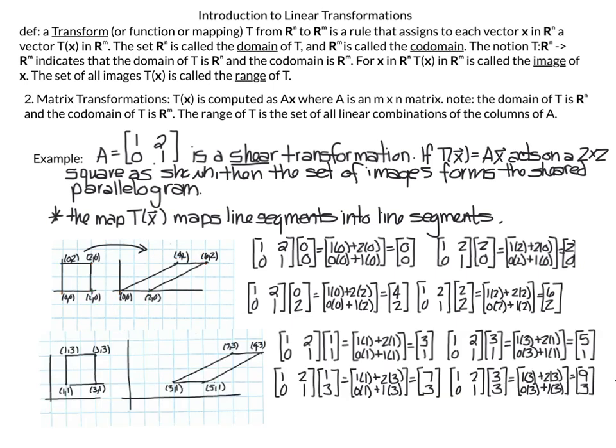I wanted to do one more square. So I picked this square here, and I started with 1, 1, so this corner. And what I got when I multiplied by the matrix was 3, 1. So that came over here. And then the next corner I did was 3, 1 over here. I plugged that in, and I got the vector 5, 1. So this blue point goes to this point.